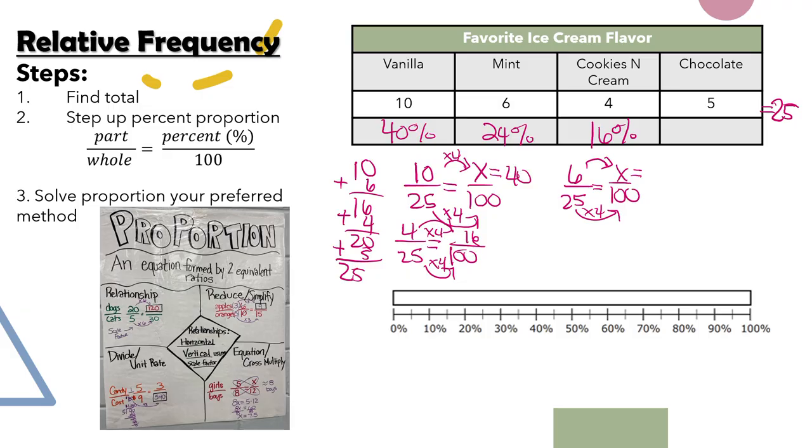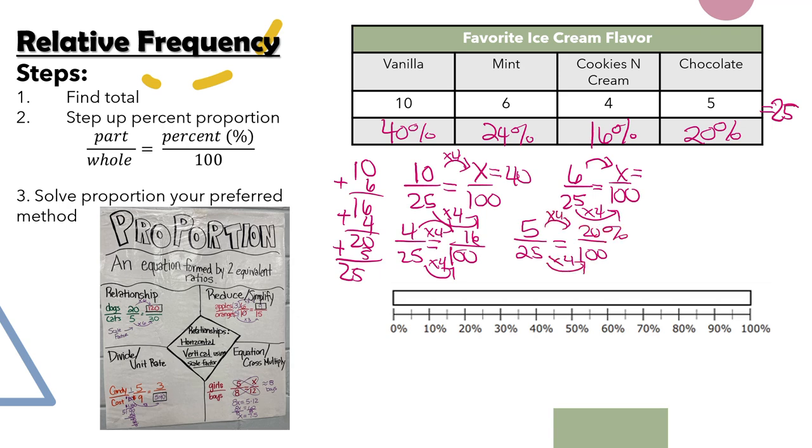So if I wanted to, I can go 5 times 4, and of course that would give me 20%. But let's practice setting it up just for practice. So 5 over 25 is equal to, times 4 times 4, and we should have gotten 20%. Let's check our percentages by adding it up.